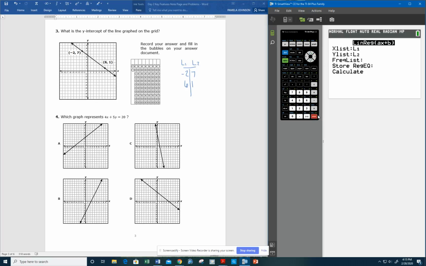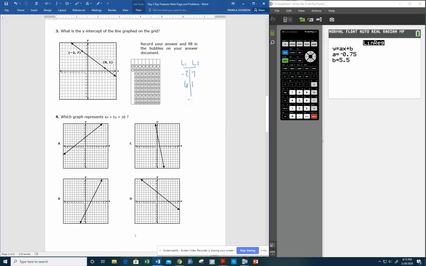We don't need to do anything with the equation other than find our y-intercept. And since this puts it into slope-intercept form, our A at -0.75 is our slope. Our B at 5.5 is our y-intercept. So that's what's going to go in the griddable up here.